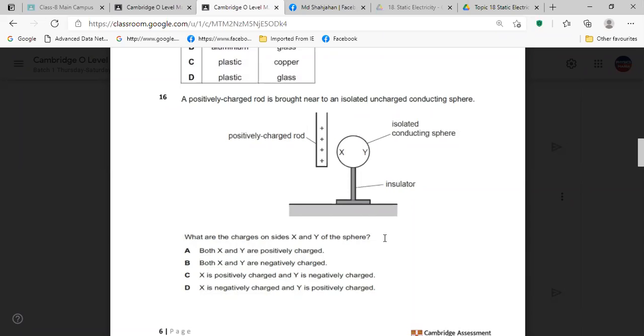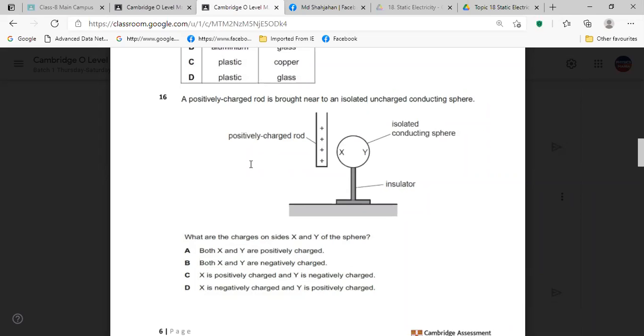Mind it. This one you have to bring in your mind. It's not Earth yet. So in that condition, what will be Y? Positively charged. Yes. Because this side is negative, the other side will be positive.